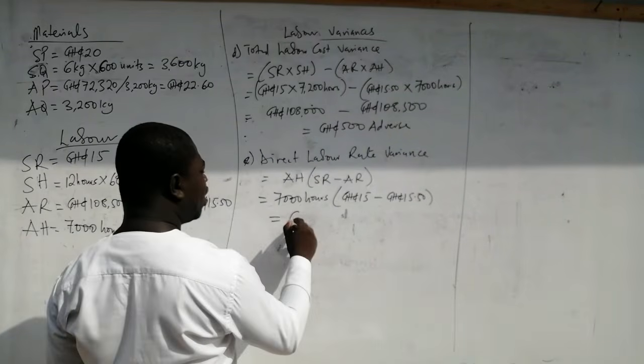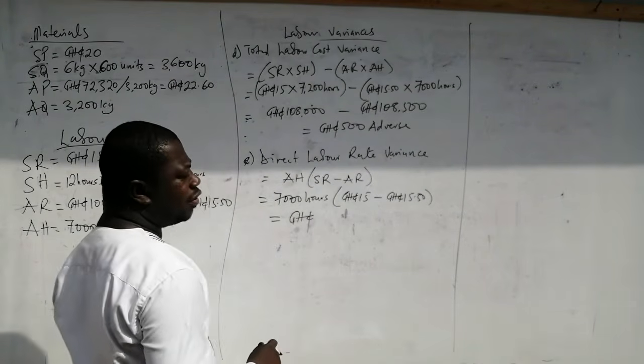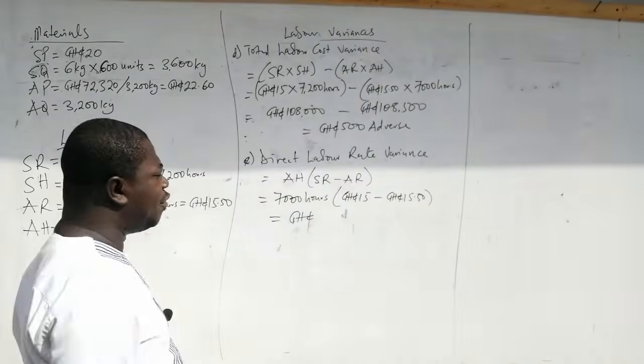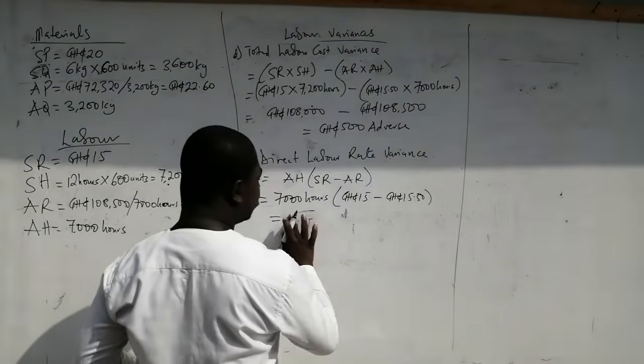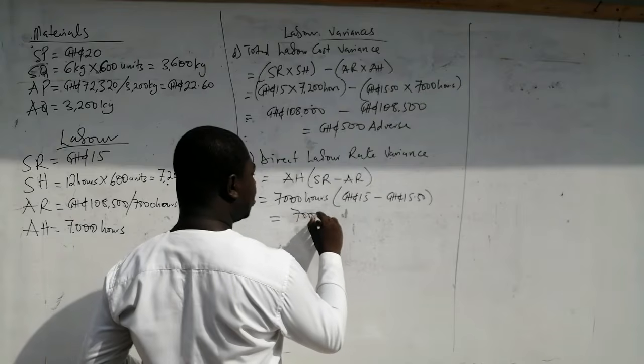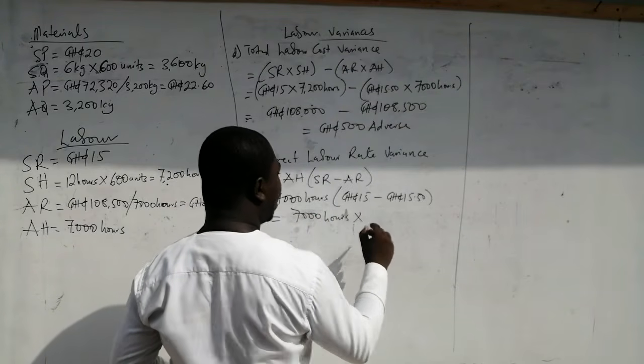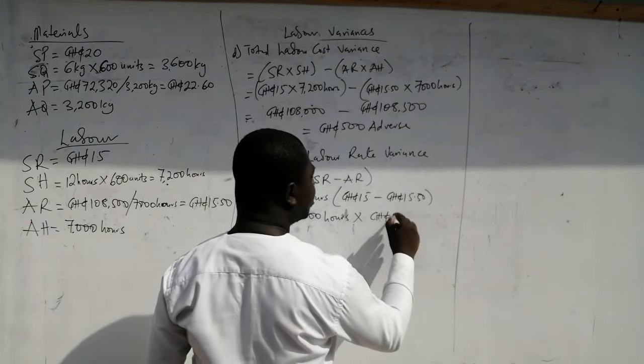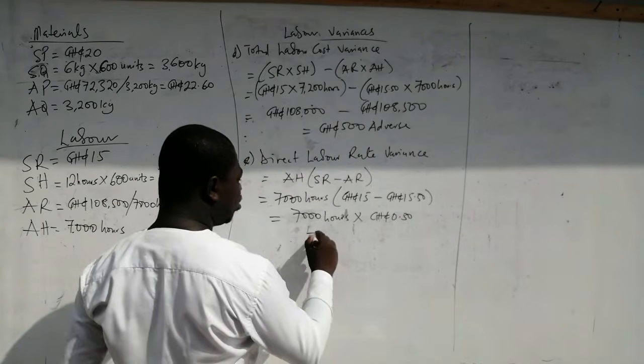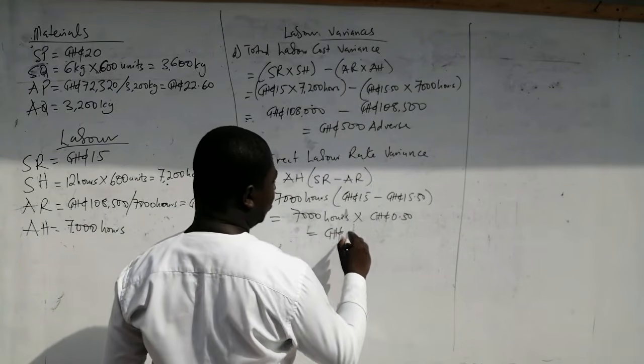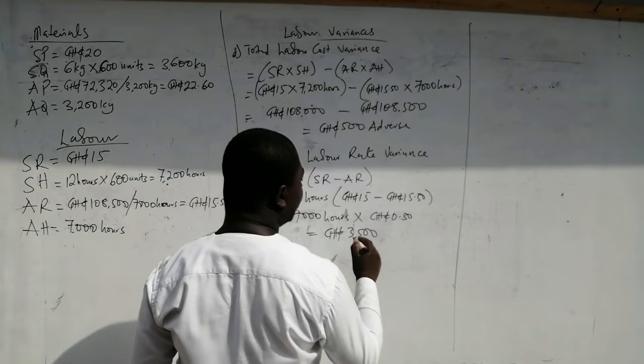And so you are going to have the variance to be 7,000 hours times 50 pesewas, 0.5 cedis. And that is going to give us 3,500 Ghana cedis.